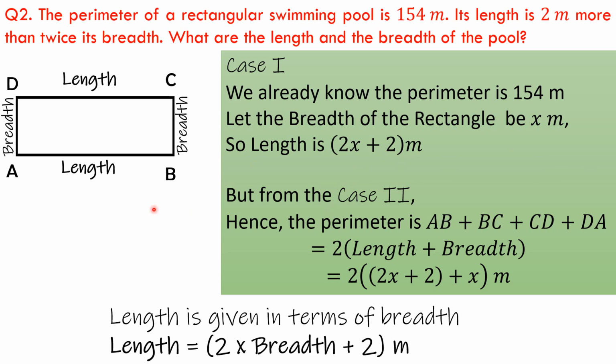Let the rectangle be ABCD as shown here. Here AB is the length and BC is the breadth. So perimeter is AB plus BC plus CD plus DA, which equals 2 in the bracket 2x plus 2 plus x.